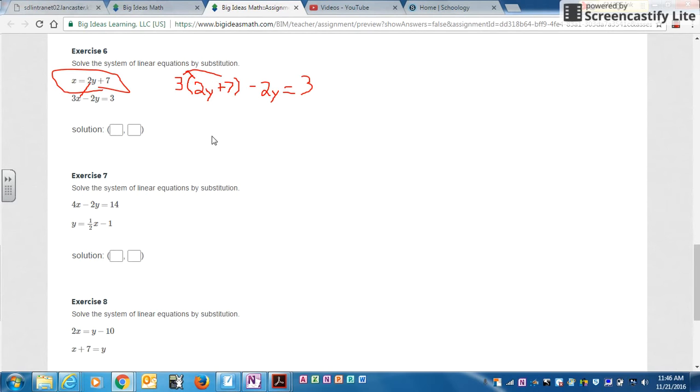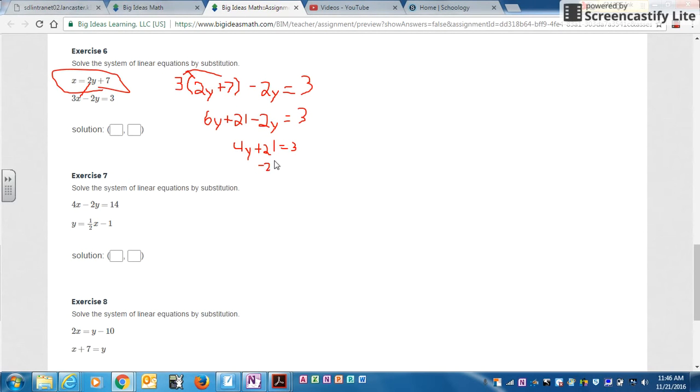Okay, distribute first. So now that's 6y plus 21 minus 2y equals 3. And then combine like terms, 6y minus 2y is 4y plus 21 equals 3.